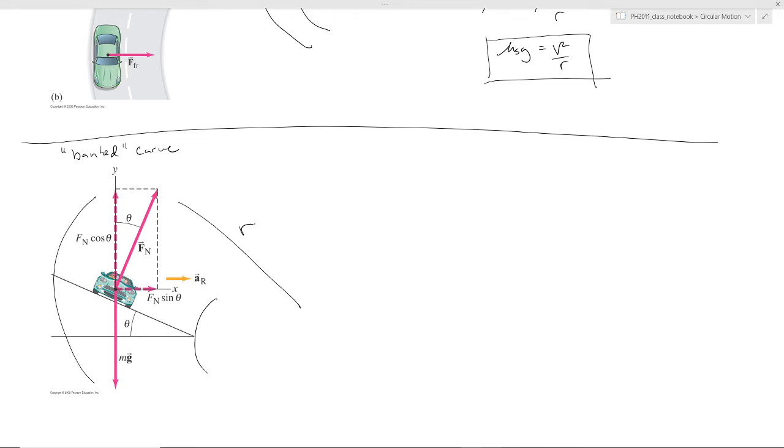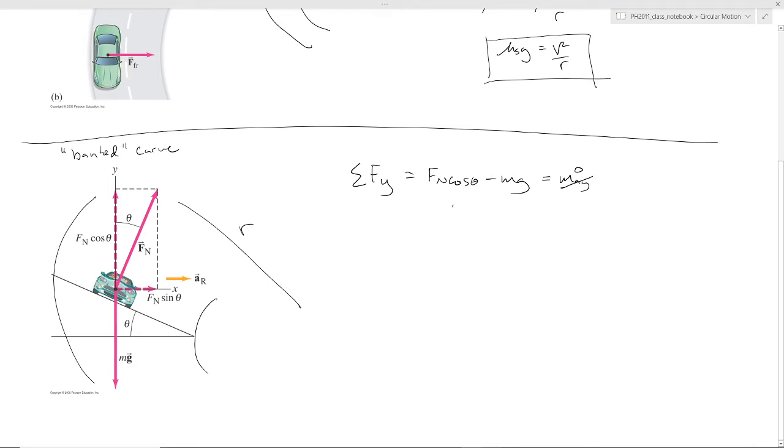So let's look at this just like we did with the flat curve, where we sum the forces in y and r. If we look at the sum of the forces in y, we'll have the vertical part of the normal force minus the force of gravity on the car, and that's going to equal 0 because it's not accelerating in y.